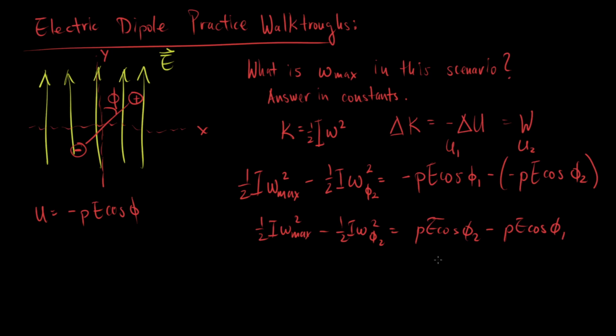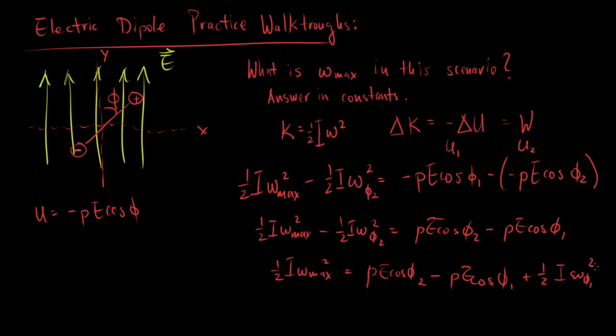And so here you just do some algebraic manipulation, so we move this to the other side. So then we get 1/2 I V max squared is equal to PE cosine phi 2 minus PE cosine phi 1 plus 1/2 V max 1 squared.